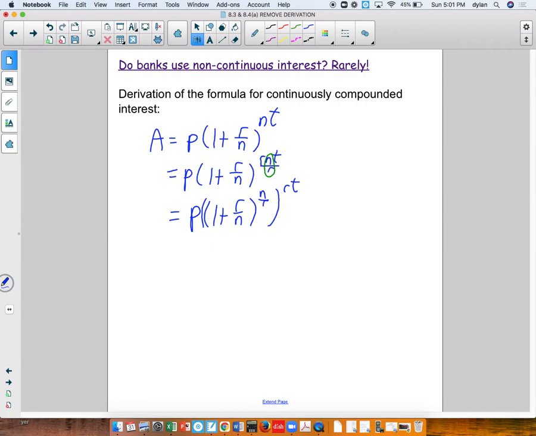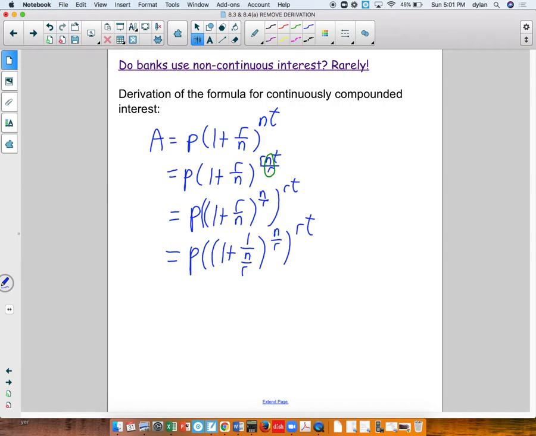Next, we're going to rewrite this middle piece a little bit. So we have p times 1 plus, instead of r over n, I'm going to write this as 1 over n over r, which is mathematically equivalent. The reason we're doing that is because we want to get in a situation where we have those two n over r terms.